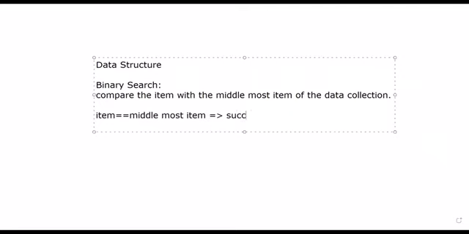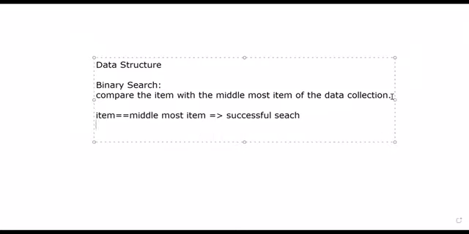So we have the successful search. And if my item value is less than the middlemost item value, then I will be checking the left subarray.